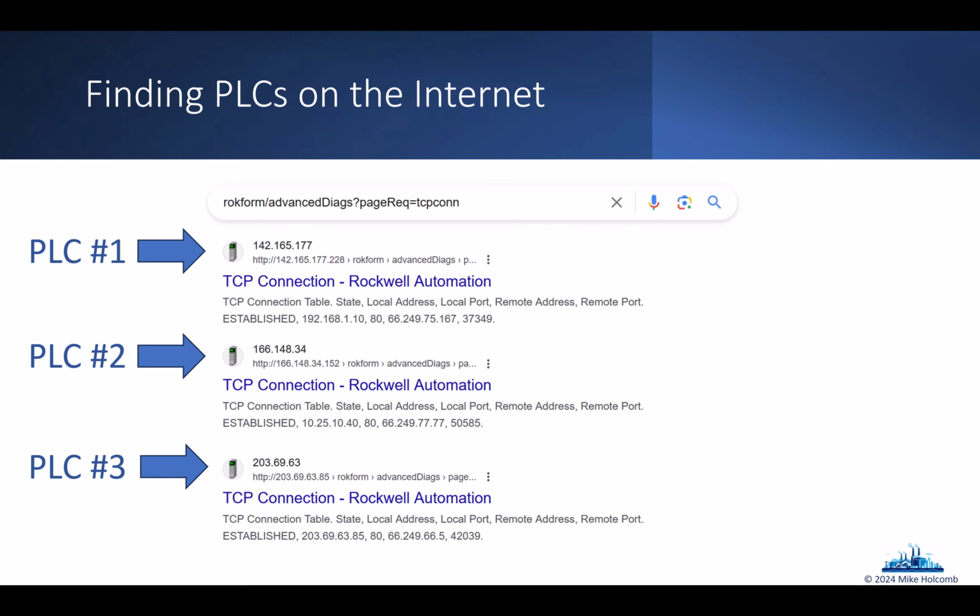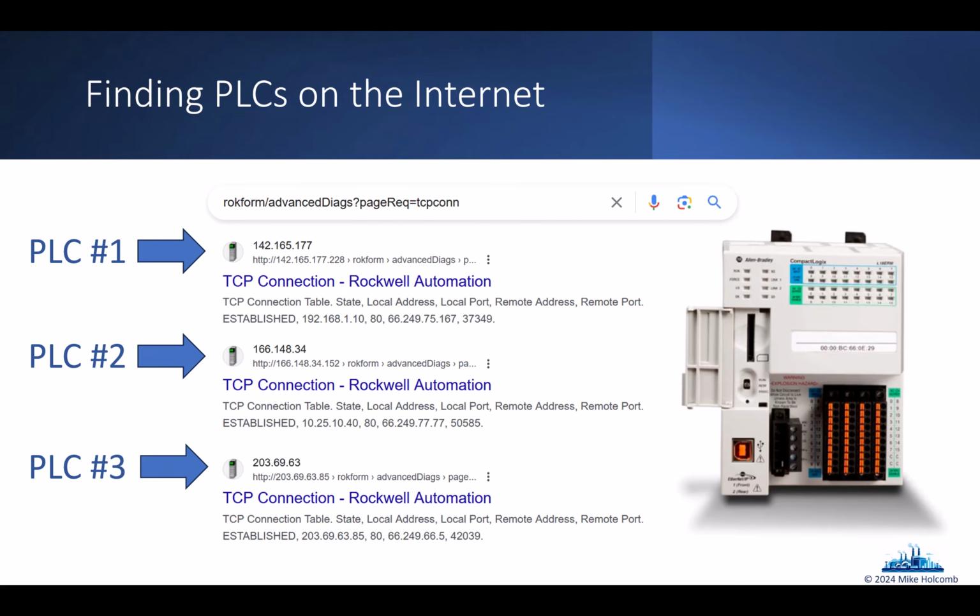You can see, yeah, these are web pages exposed to the internet. So they're PLCs. And I did look it up based off of the vendor information you find on the website to see, well, what am I really looking at? Because I like to understand what type of asset this is and what it looks like in the real world. It just makes me feel more connected to it.